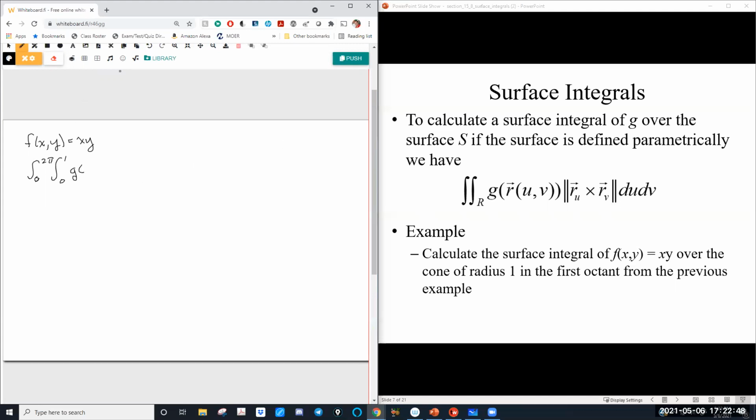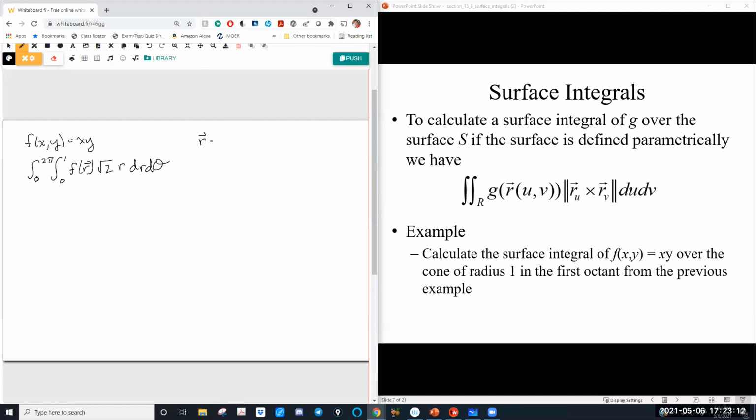Our function in terms of our position vector times basically our surface area, which we saw before came out to be root 2 r dr d theta. So really the only thing I've added in is our function, but it has to be in terms of our position vector.